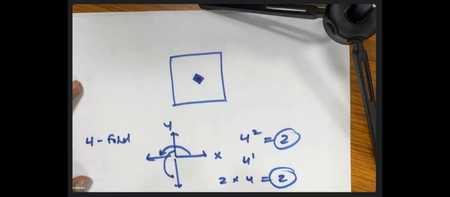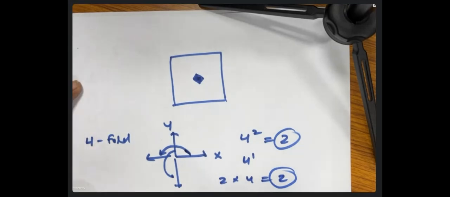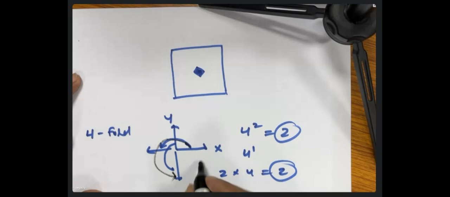If I apply 3 times fourfold, what will happen? This x will transform to this particular position, or in the other way one can say that x will transform to this particular position. The direction is, we can say, reverse.